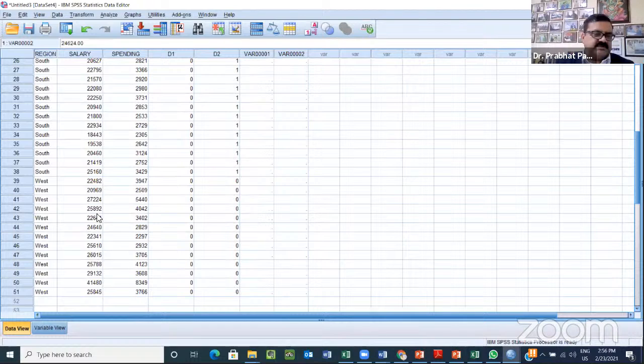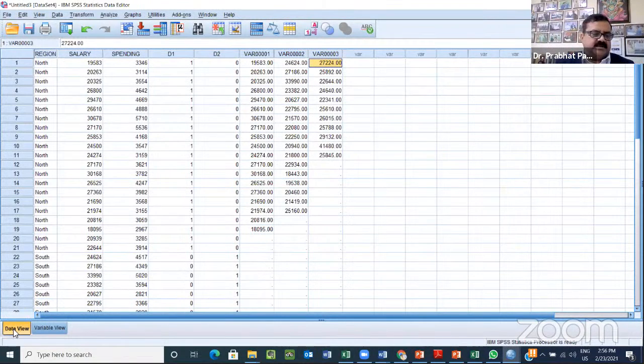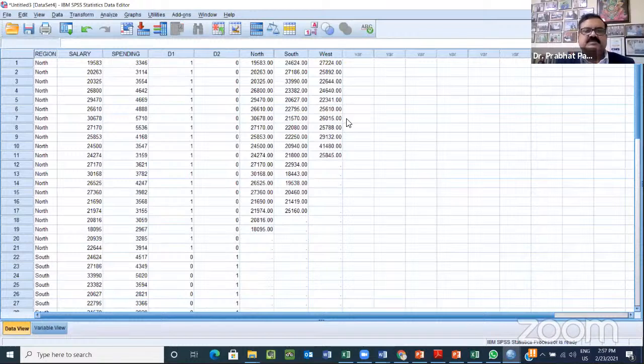Now I'm copying the salaries for the west. Let me also write down the variables: north, south, west. So these are the salaries for north, south, west.